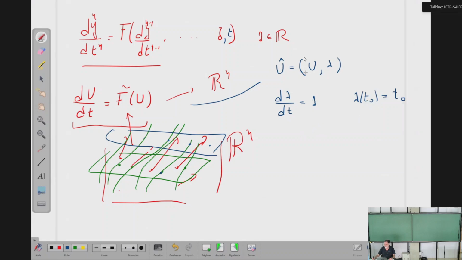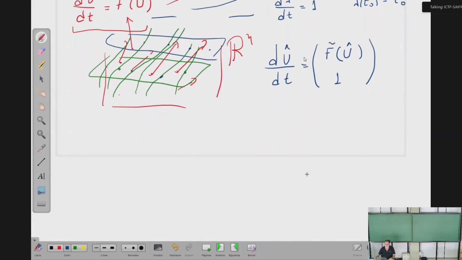So now you have this bigger system, and you collect the two into one. That is f twiddle. Now f twiddle depends on u hat, because we added the time. Here you have u hat, and here you have 1. And this system is again of the same type in general.